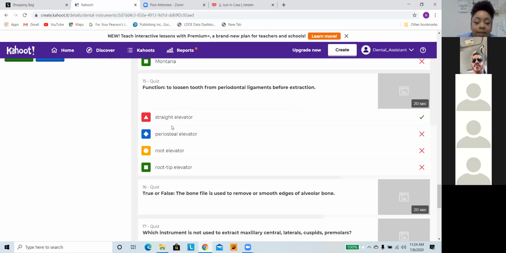So it would be your elevators. Really, all of these elevators we would use to loosen some form of tissue, but when it comes to ligaments, your straight elevator would be the one. We all know what a straight elevator is? No? Okay, we're going to be going over that in our surgical tray.